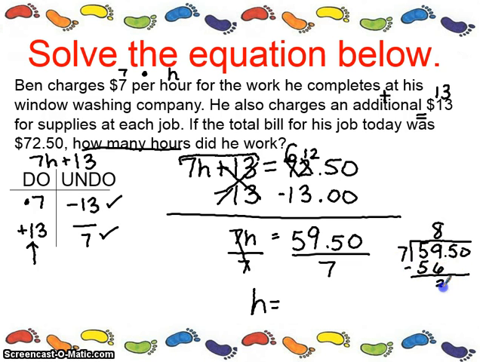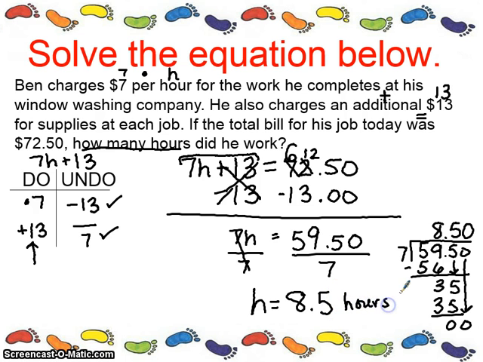There's 3 left over. Bring the 5 down. 7 will go into 35 5 times. 5 times 7 is 35, so there's nothing left over. Bring down this 0. 7 goes into 0 0 times. Bring our decimal straight up. We got 8.50. So he worked 8.5 hours.